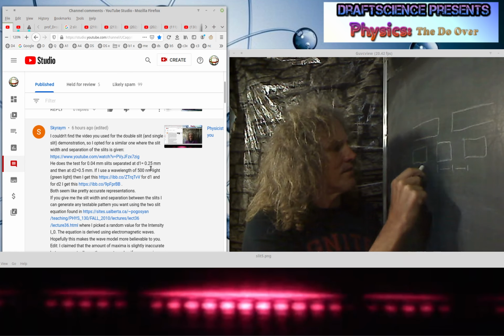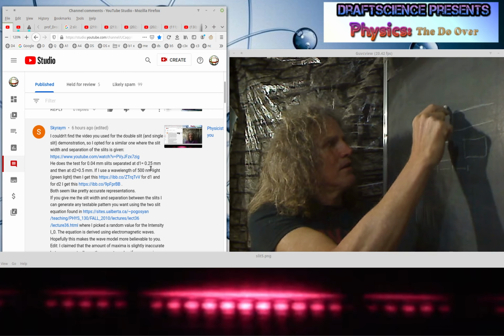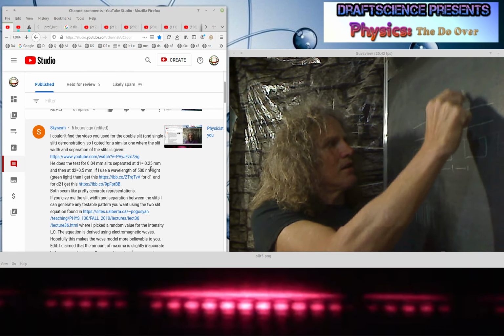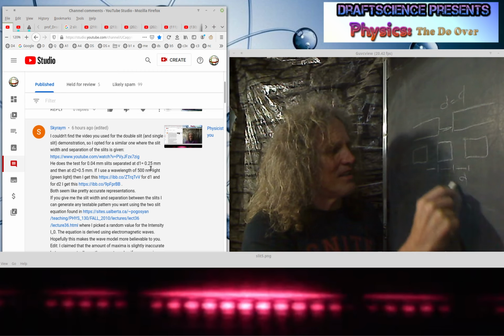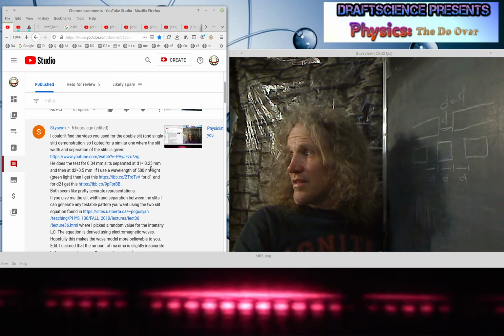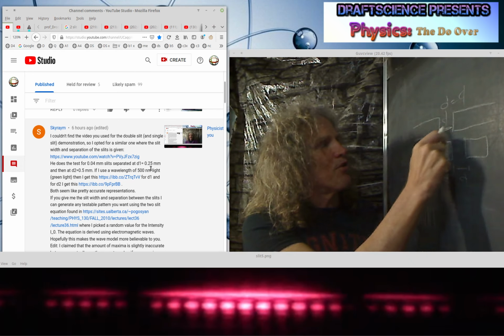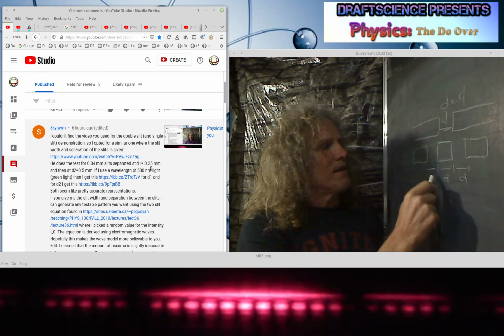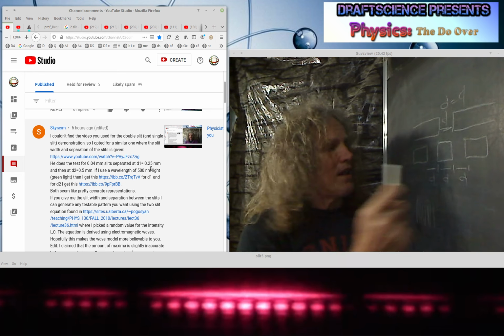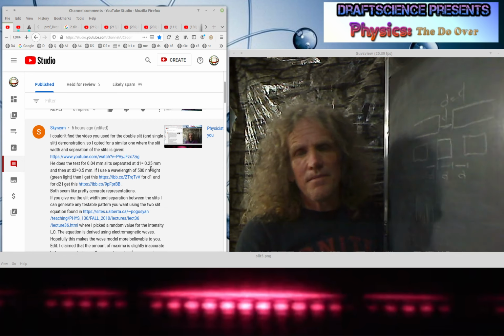All these distances are exactly the same. D equals D. All of them are D, D, D, and D. And as you can see, the two patterns fall right on top of each other. A single slit with opening D will create a pattern that overlaps the double slit where D, D, and D is being used.